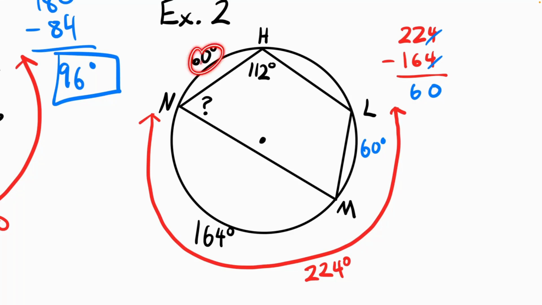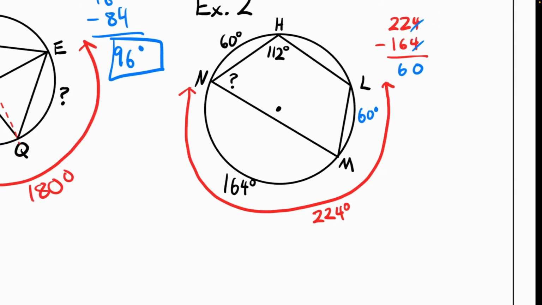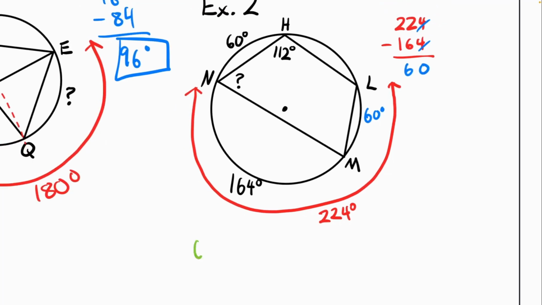Yep. So if I add all three of these together and then do what? I can say that 60 plus 60 plus 164 plus this missing angle is equal to 360. I'm going to call that missing angle y for now.